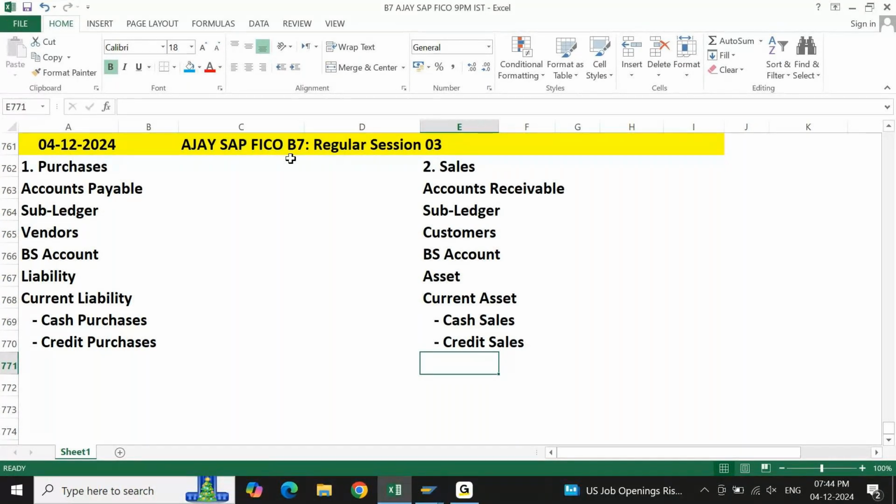This kind of confusion should not be there, because there are so many things connected with AP and AR: payable, receivable, purchases, sales, customer, vendor in SAP FICO. Right from the beginning, if you make yourself comfortable with this point, it will allow you to feel more and more confident as you move forward.